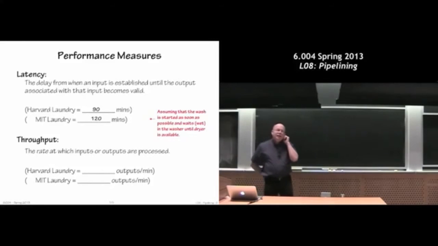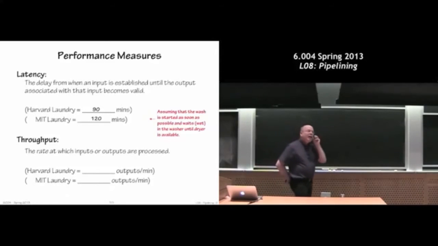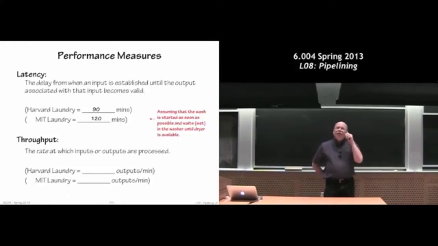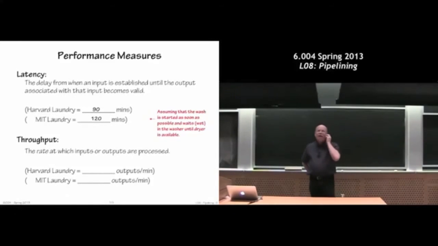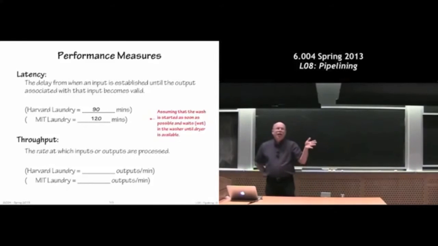So that's the latency. The throughput is a measure of the rate at which inputs or outputs get processed. It can be either one, and because you can't queue things up indefinitely inside, eventually that rate of processing will be equal. But just to make our analysis concrete, let's talk about the rate at which laundry loads appear all dried and ready to go.